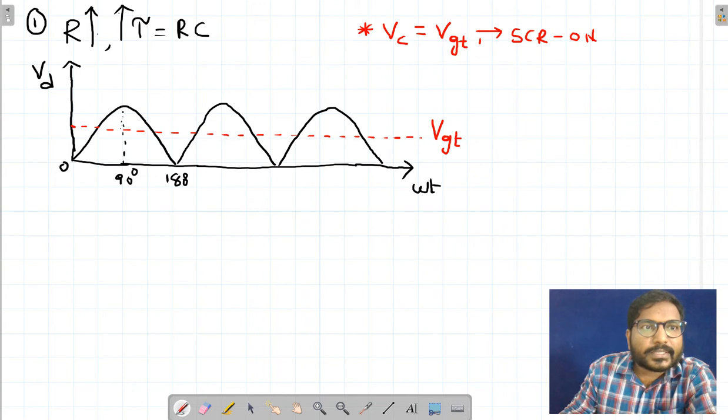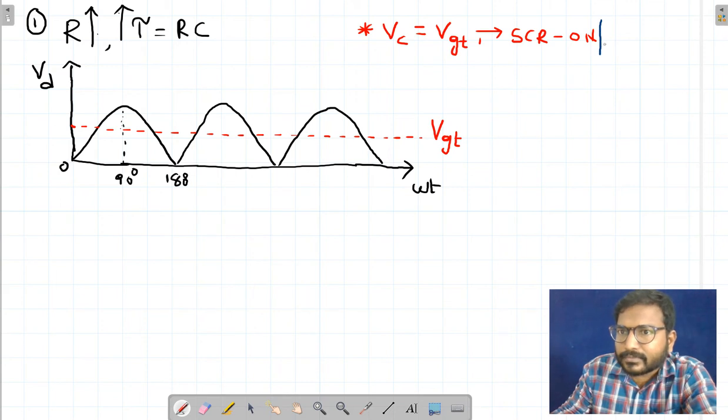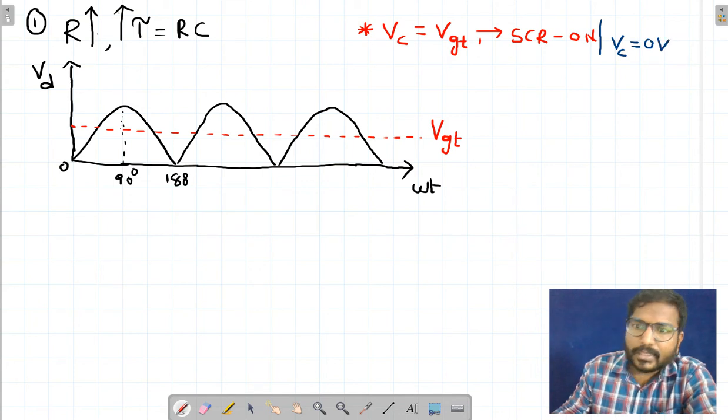So coming to the charging process, initially let the charging voltage across the capacitor be 0 volts. Keep it in mind. In this case, the charging time is more.